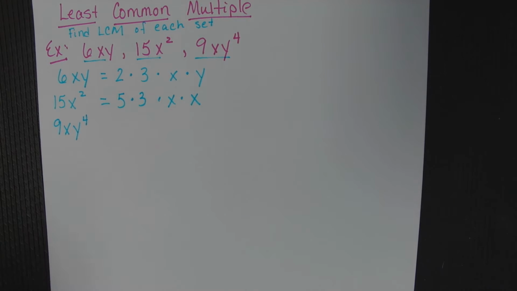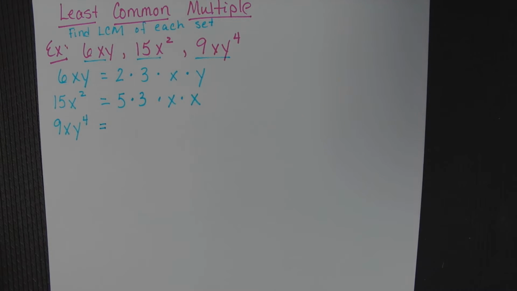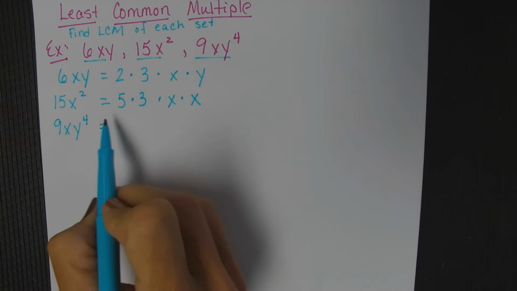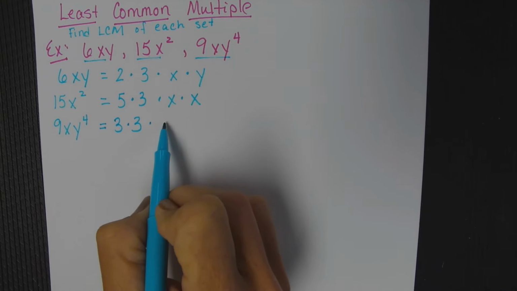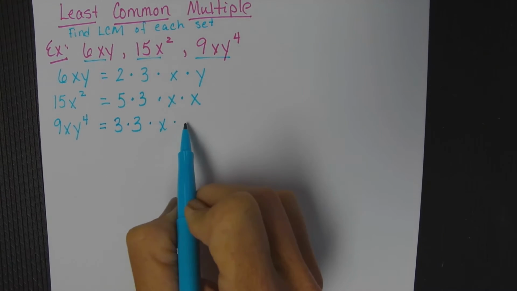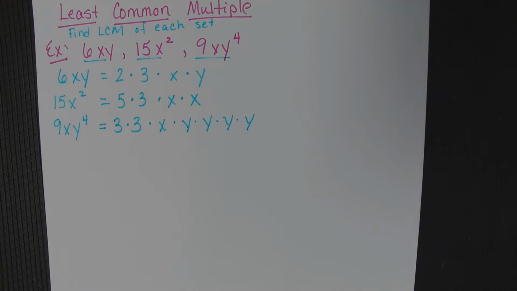Go ahead and do that by yourself. Okay, break down 9. You have 3 times 3 times x times y times y times y. Okay. All right, any questions so far?